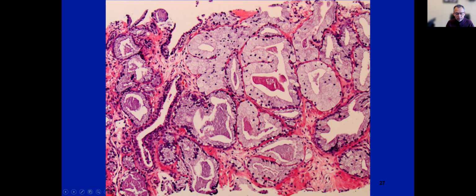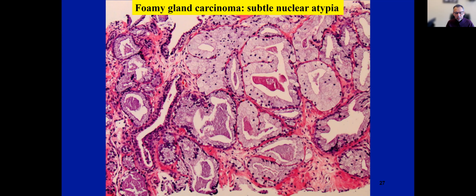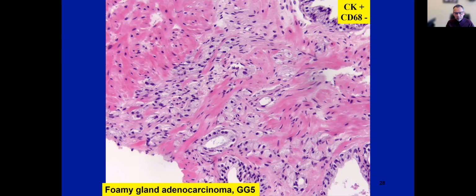So those other features will help you to make a definitive diagnosis of cancer, even though the nuclear atypia is very, very subtle in this particular example of foamy gland carcinoma. Sometimes foamy gland cancer can have a very poorly differentiated architecture without any obvious gland formation.